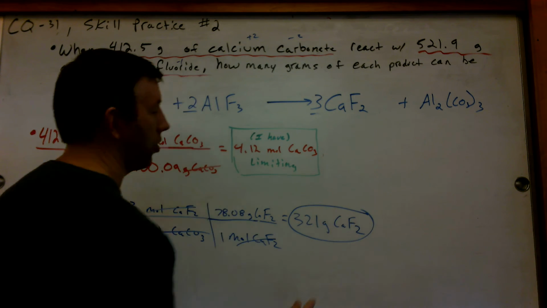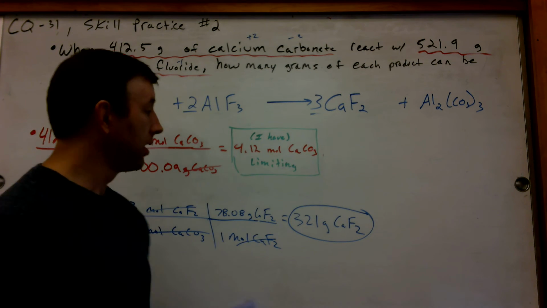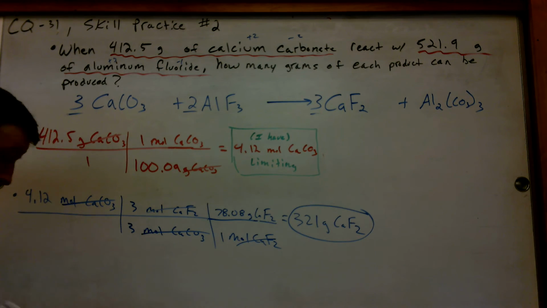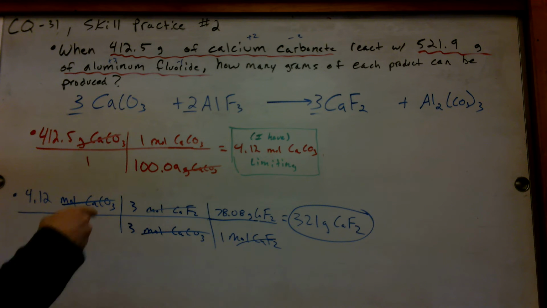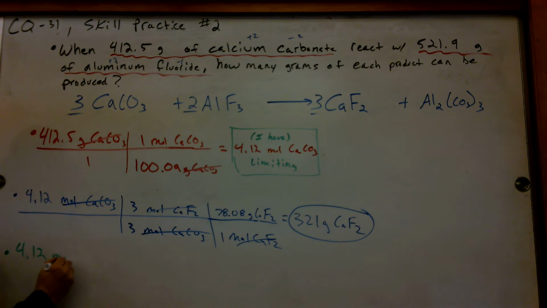So now I know how much calcium fluoride I get in grams. My next step is to calculate the mass of aluminum carbonate. I'm going to set it up exactly the same way. It's going to be 4.12 moles of calcium carbonate.